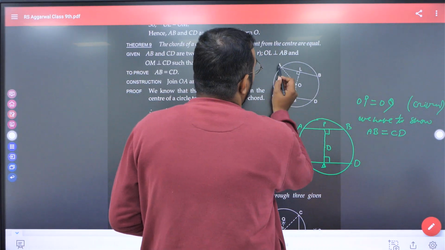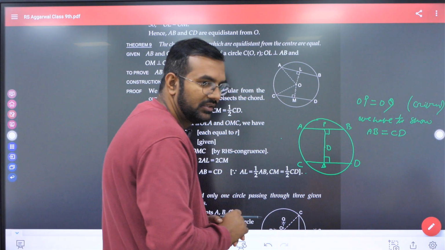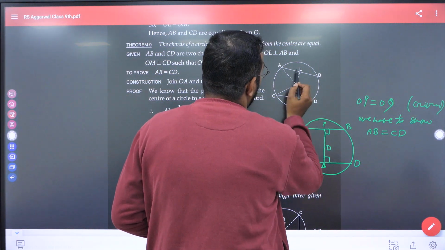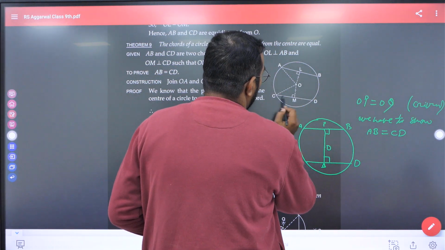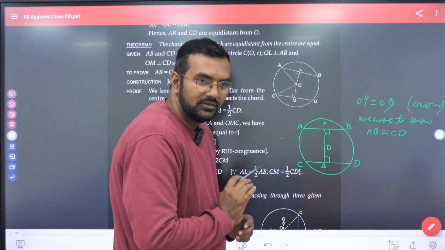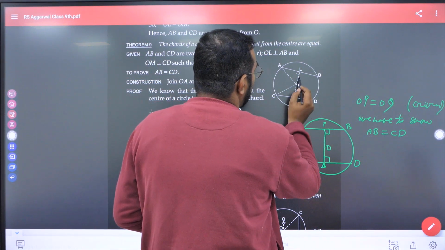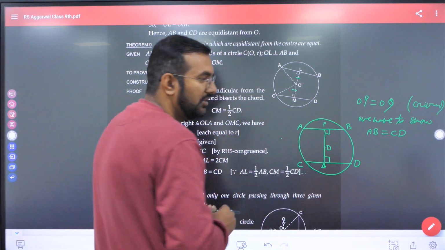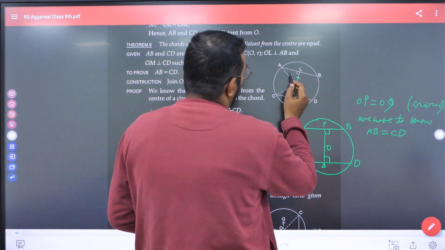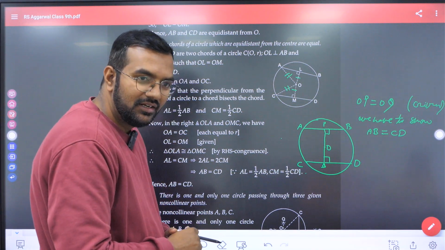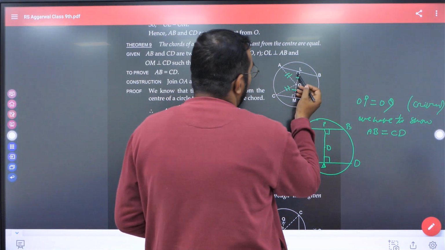Now join OA and OC and look at the triangles OLA and OMC. Okay. OL is equal to OM, given. OA is equal to OC, radii of the same circle, and 90-90.